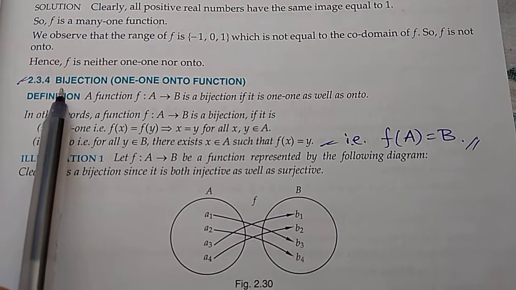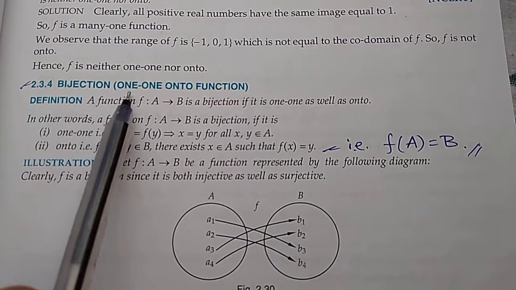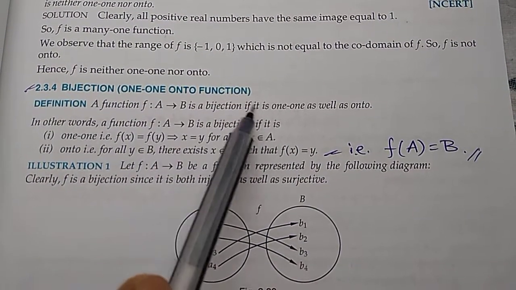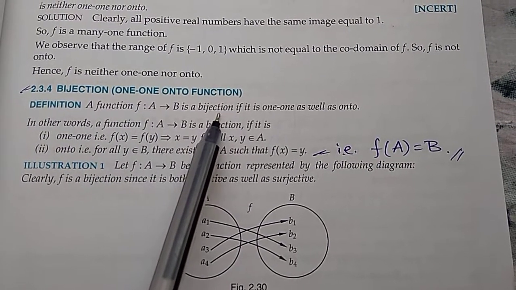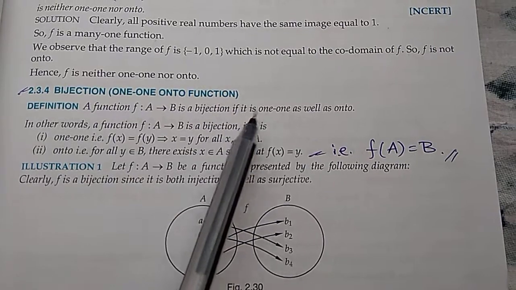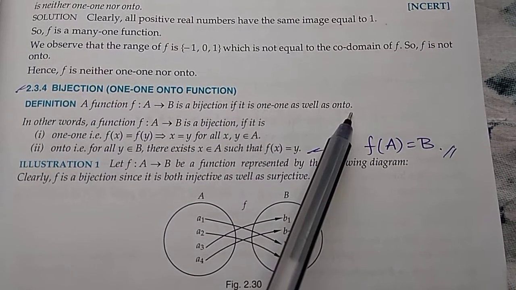Lastly, we shall know about bijection or one-one onto function. A function f from A to B is a bijection if it is one-one as well as onto.